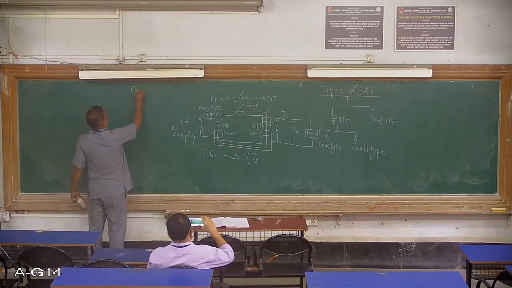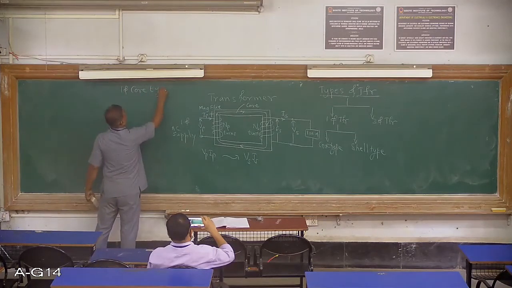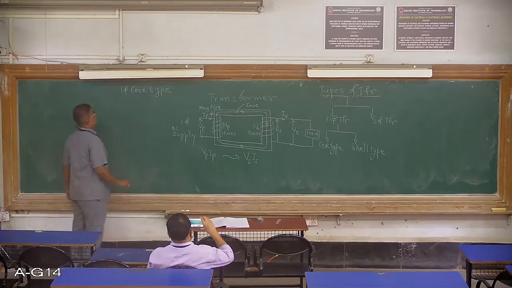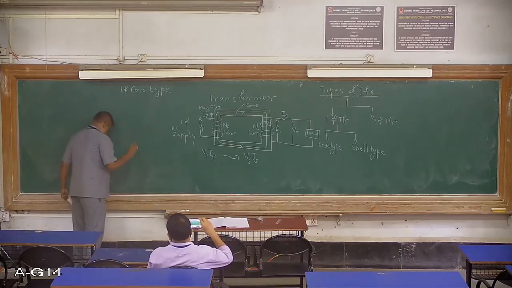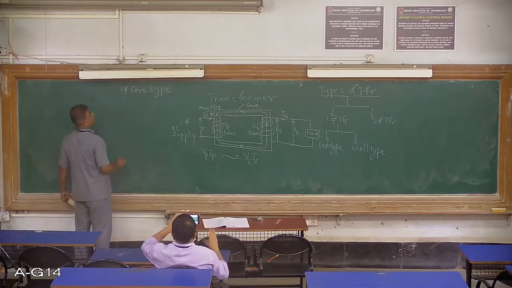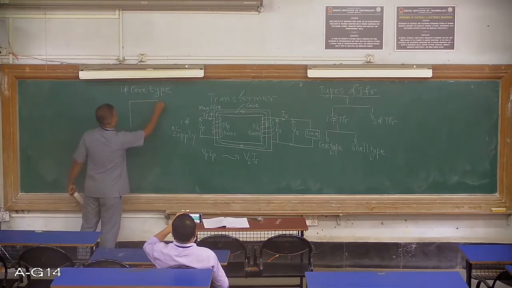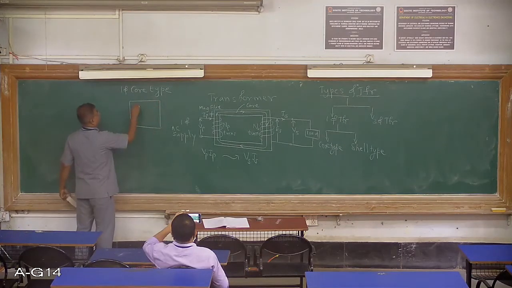Let us go through the constructional aspects of the transformer. Core type transformer, single phase core type. Through a simple symbolic figure, we can understand how a typical core type transformer is. This is the magnetic core.